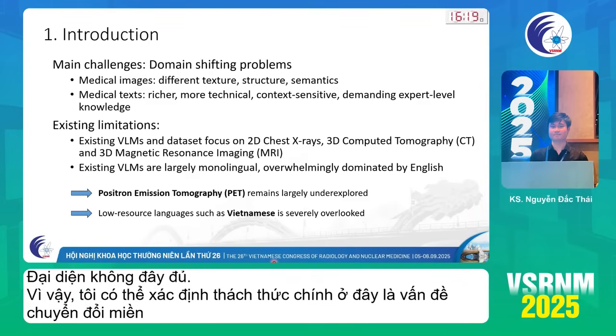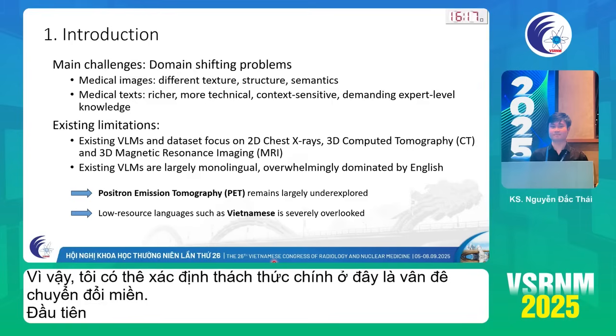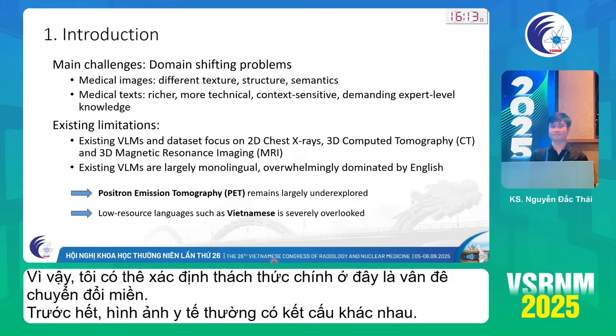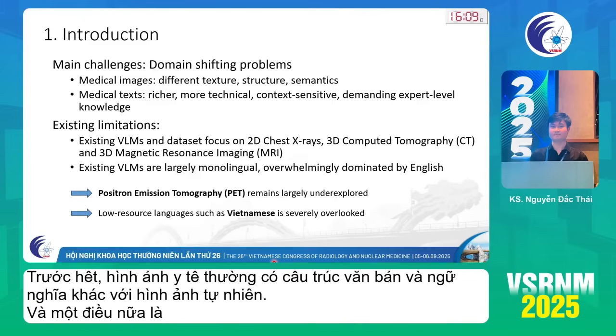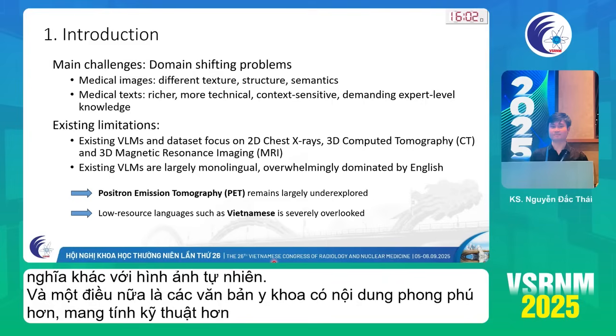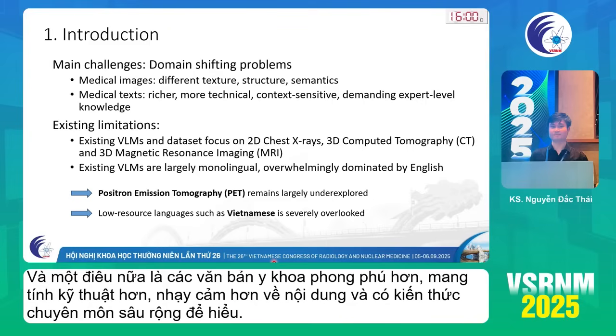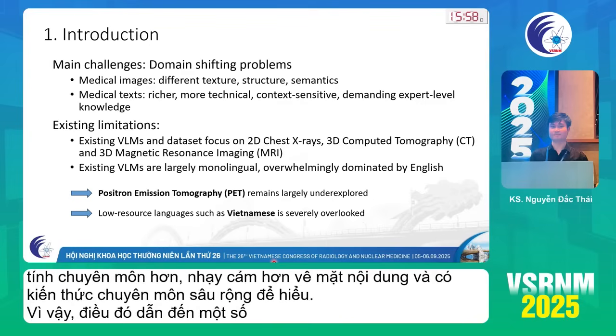First of all, medical images usually have different textures, structures and semantics than natural images. Another thing is that medical texts are richer, more technical, content sensitive, and demand expert-level knowledge to understand. So that leads to some existing limitations.